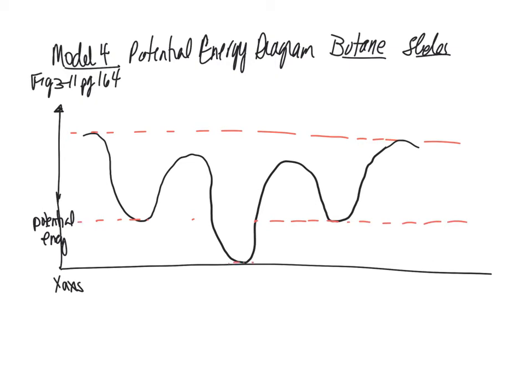Now, sometimes you have to match these conformations with the energy diagrams. So here, the rotation is 0 degrees. This is your dihedral angle on the x-axis. So your dihedral angle at 0, then it's 60 degrees.